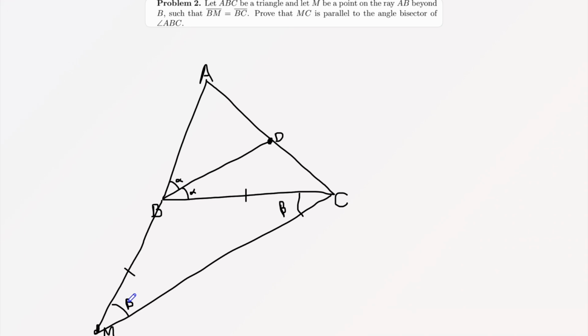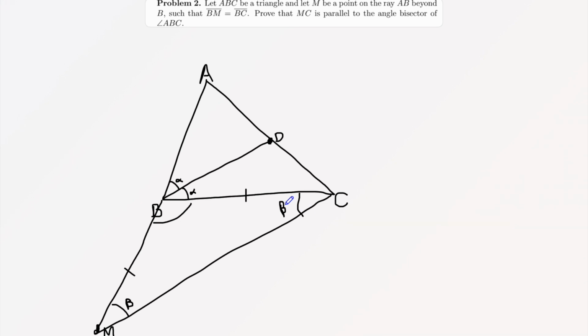Looking at it for a bit, I noticed one thing. I was thinking about this for some time, and then I noticed that these two are the exterior angle of this angle here. So the sum of these two must be equal to the sum of these two.